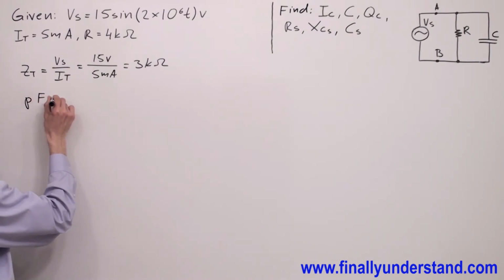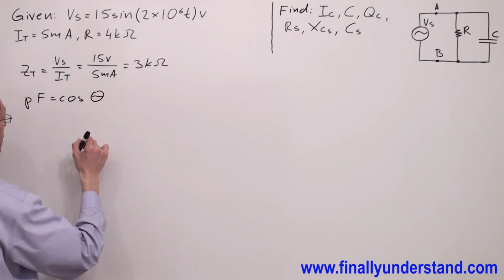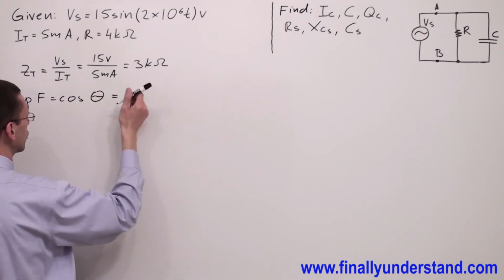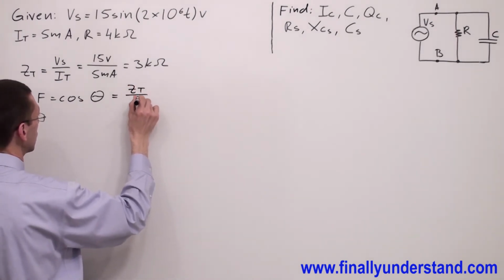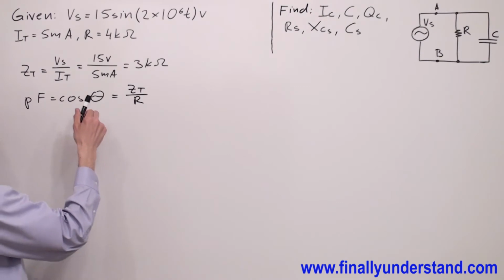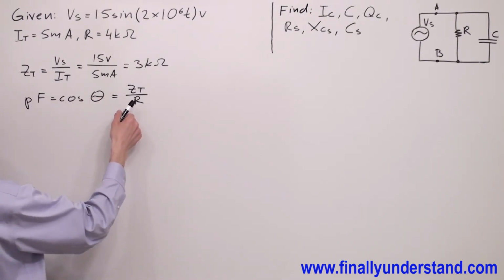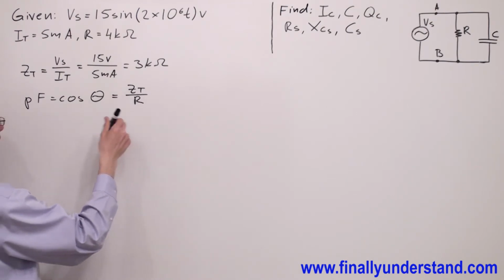Power factor is equal cosine of angle theta, where cosine of angle theta is equal for parallel circuit Z total over resistance. I have found Z total, I have given resistance, so I can find very easy angle.